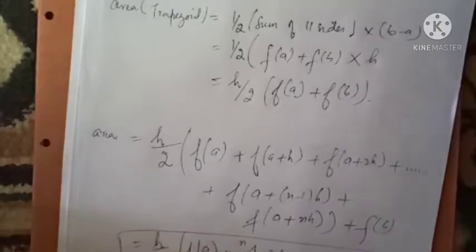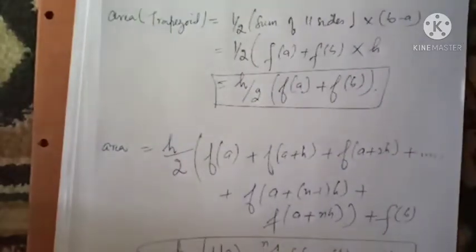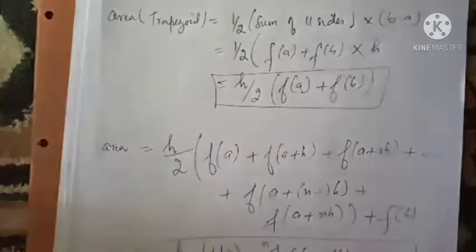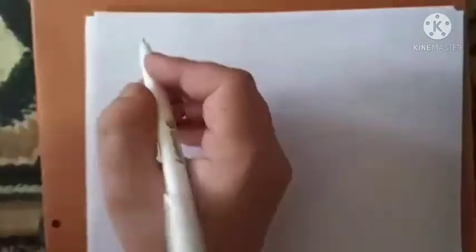So this is how we calculate the area of all these parts. This is the basic concept of why we divide it into different parts. But when we have to derive it, we derive it.